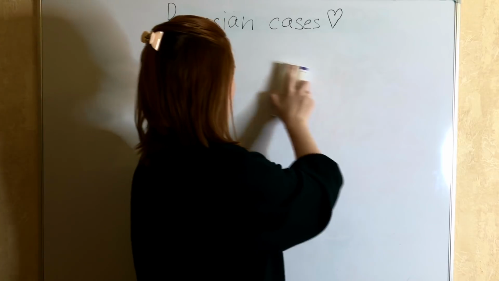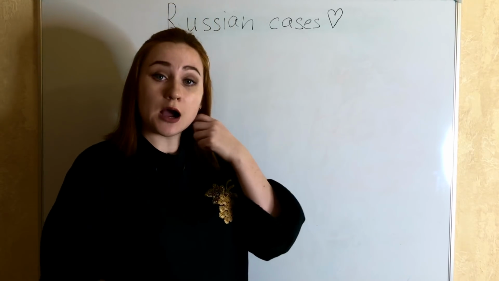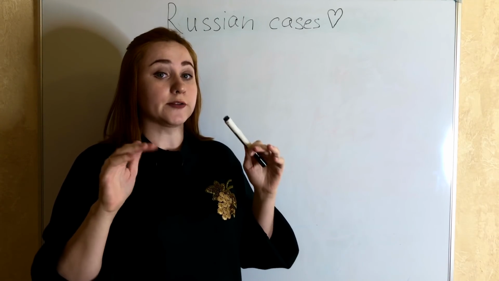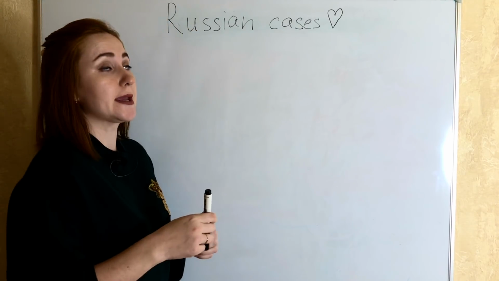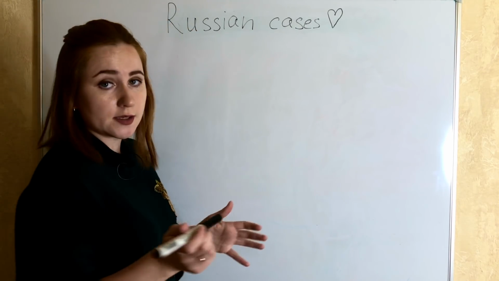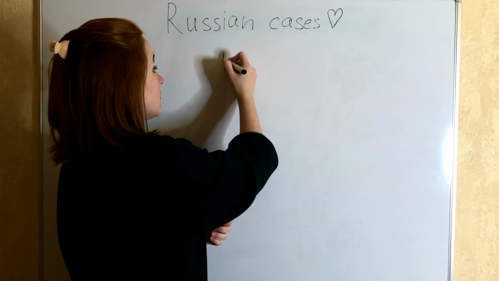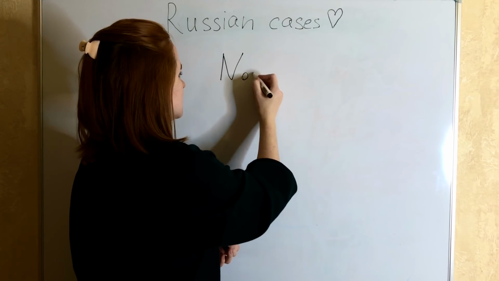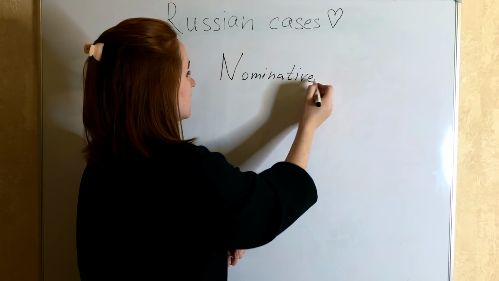Now I will tell you how many cases we have in Russian and how not to learn them. Okay, let's begin with this. So we have 6 cases in Russian. The first one is obviously nominative. Oh, let's write them. Nominative case.